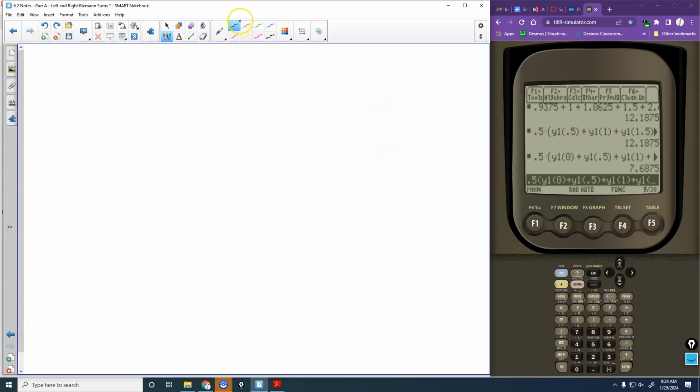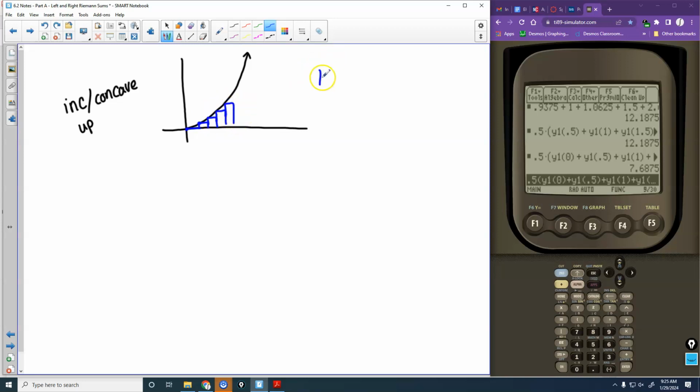I'm just going to look here. So basically we got 4 options, right? We could be increasing concave up. Okay, so increasing and concave up would look like this. Okay, let's consider the left endpoint, where the left endpoint of my rectangles is on the graph. Is that going to be under or over? Under. Okay.